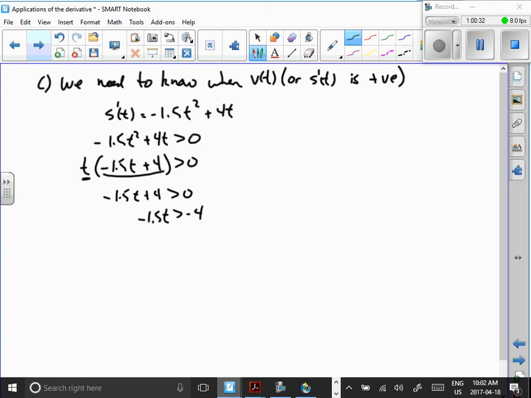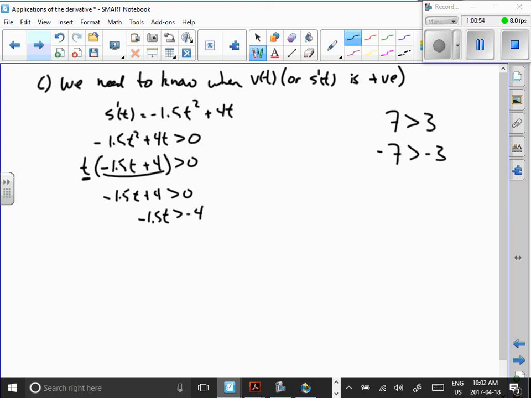I got to show you something here. Does everyone agree that 7 is greater than 3? If I divide both sides by negative 1 or multiply both sides by negative 1, we get this. Is that true?